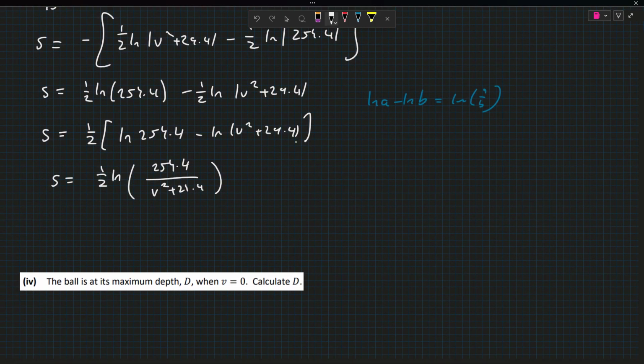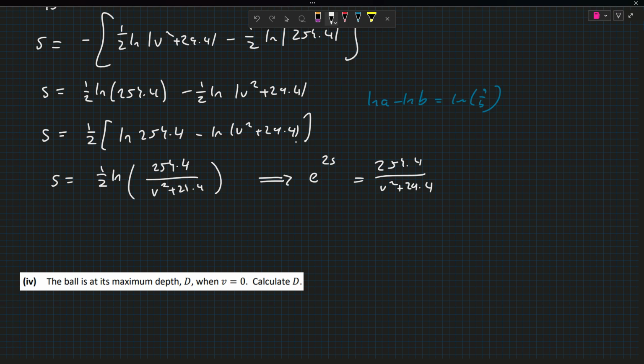This would actually be helpful for the next part, but we have to write v equals something. If we multiply by 2 and exponentiate both sides, we get e to the 2s equals 254.4 over v squared plus 29.4.